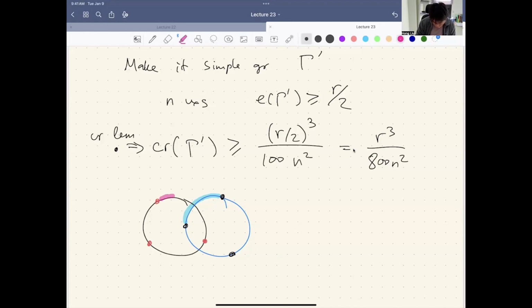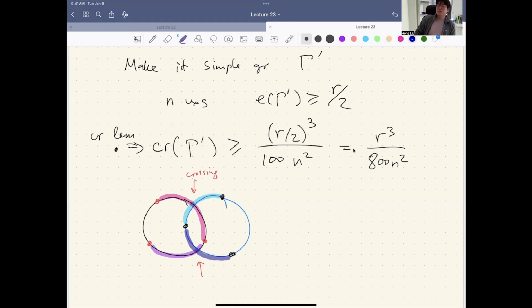Then you will have a crossing here. There's another one here, and another one here.